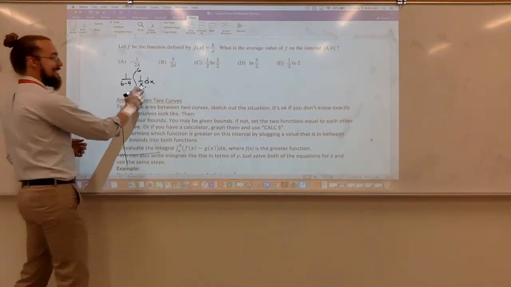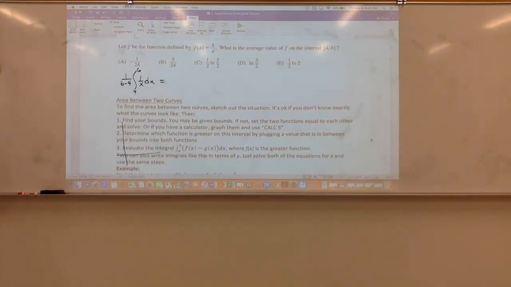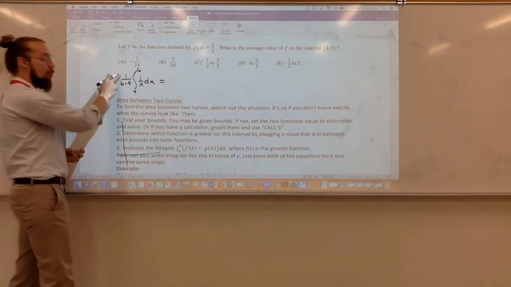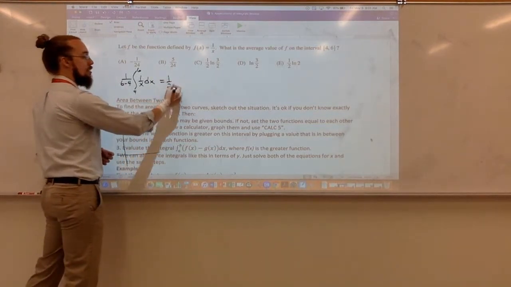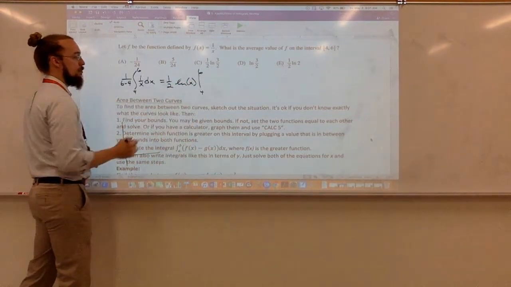So what's the antiderivative of 1 over x? Natural log. So this would be 1/2 times the natural log of x evaluated from 4 to 6.